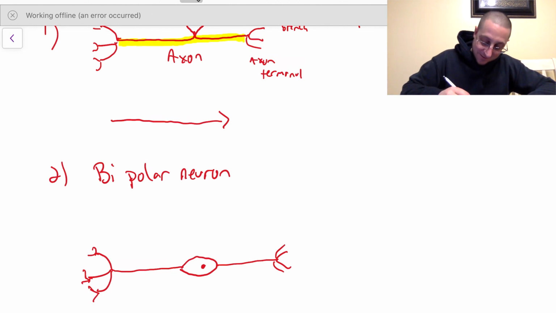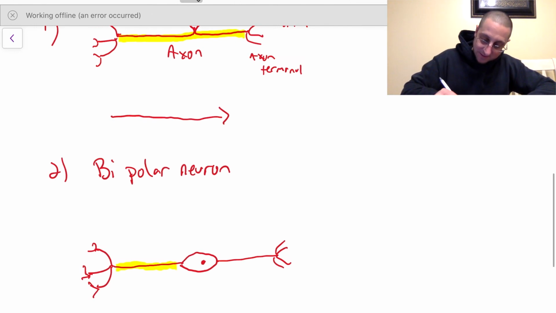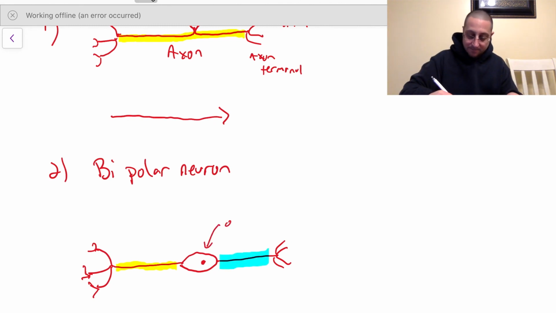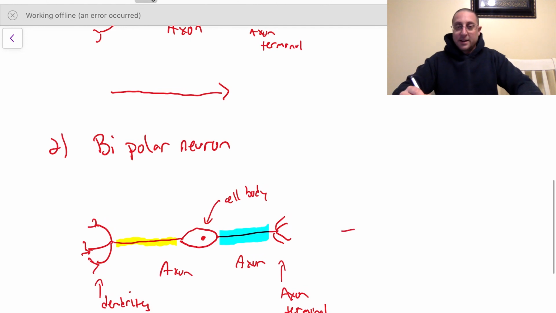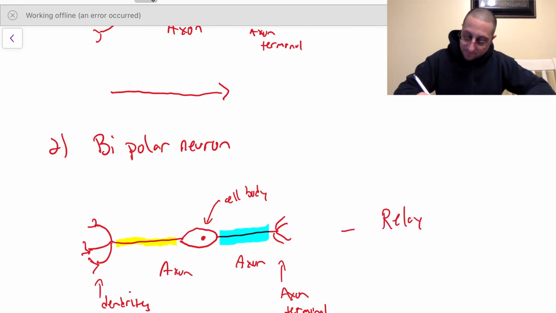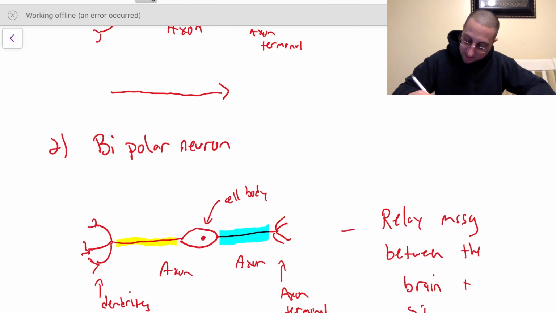But in this one, the reason it's called bi is because you have two separate axons separated by the cell body. And over here you have your dendrites, and here you have your axon terminal. And these are like interneurons. They relay messages between the brain and spinal cord.